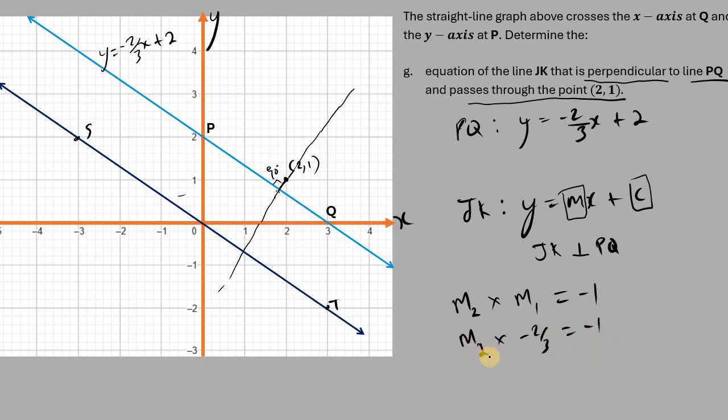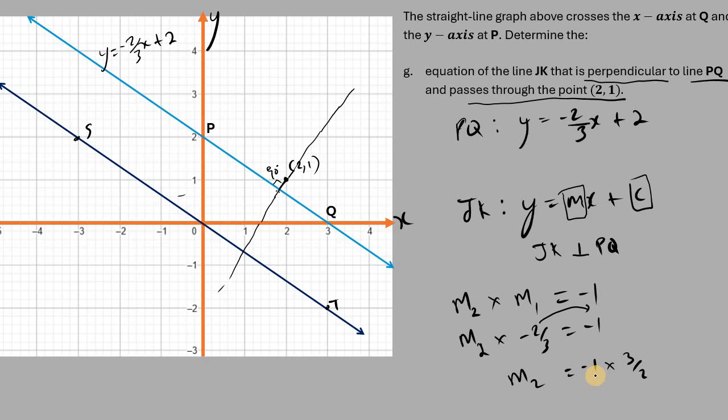To find M2, I can transpose this to the other side, right? So M2 is equal to -1. When you transpose a fraction to the other side, you keep the same multiplication, but upturn it. What you end up with is the reciprocal, yeah.